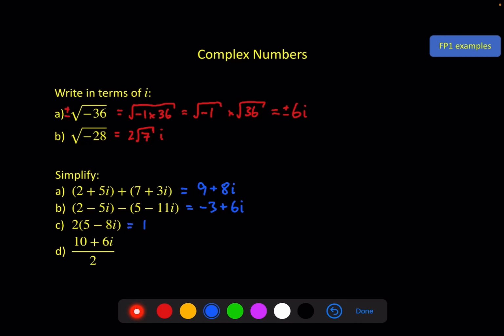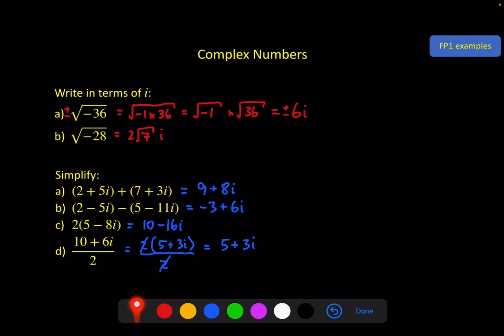Here we're expanding to give 10 minus 16i. And here, again, to make it clear exactly what's going on, I will factorize first, doing the reverse of part C, and then of course that cancels, and you can see that just as with usual fractions, we have divided each of the two parts of our expression in the numerator by the denominator.